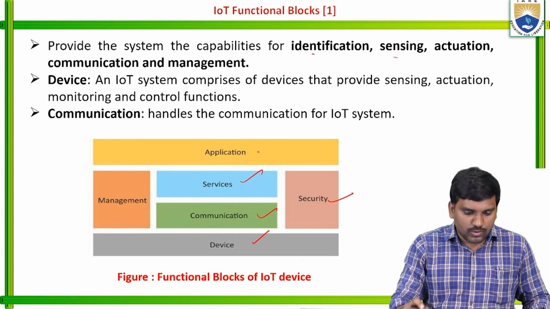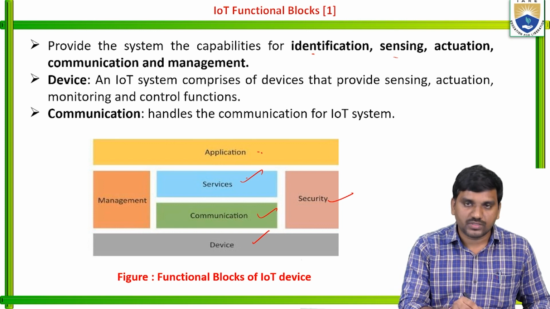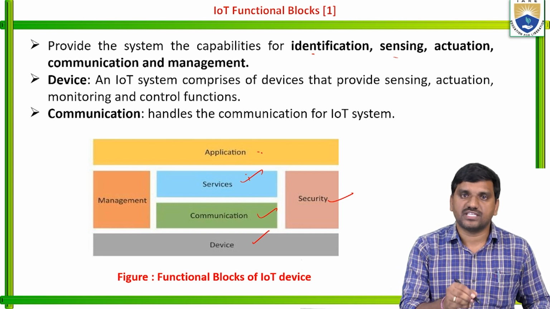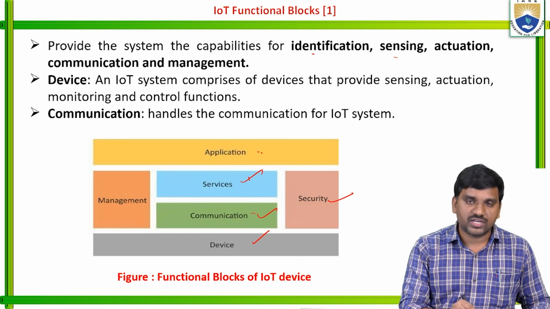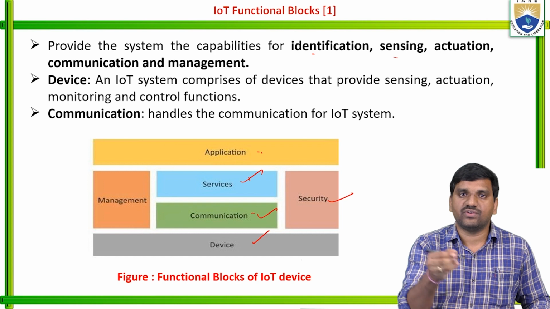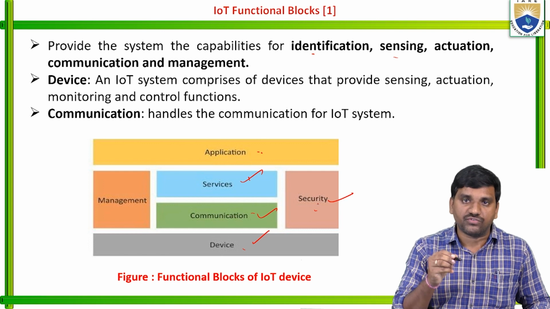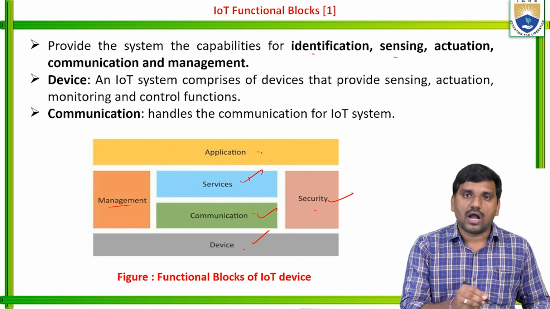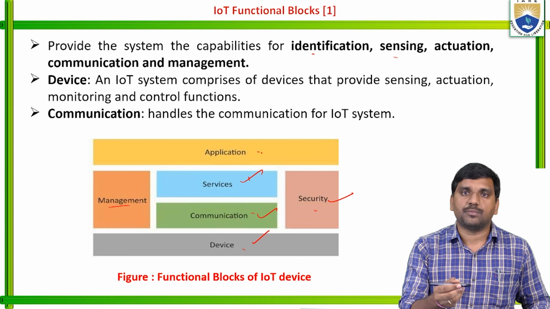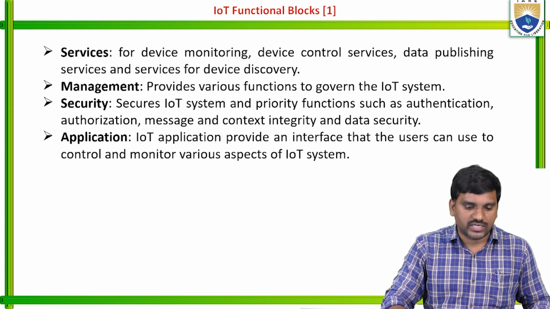So this is the communication main block. Then application and services: which type of services it can provide, which type of communication technology it can use, which type of devices can be used, which type of security protocol it can provide, and how the entire system can be managed. So this is the basic block diagram of an IoT device.